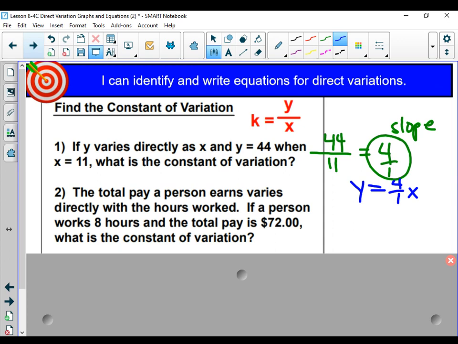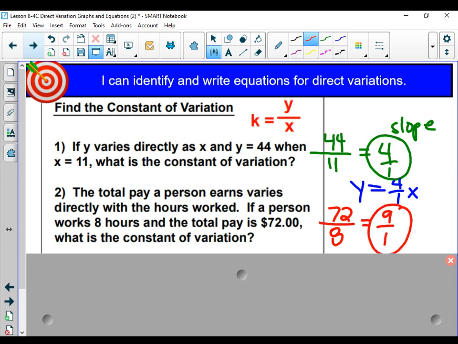What about this one? If a person, not Justin, someone else, works 8 hours, they get $72. What do you think my y is? 72. What do you think my x is? 8. 9 over 1 is the slope.